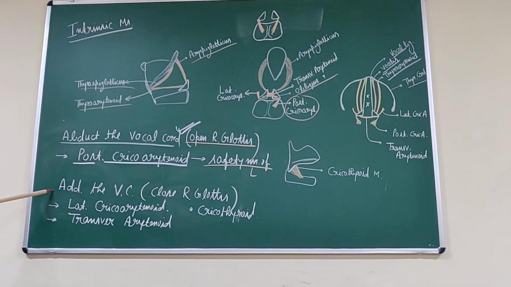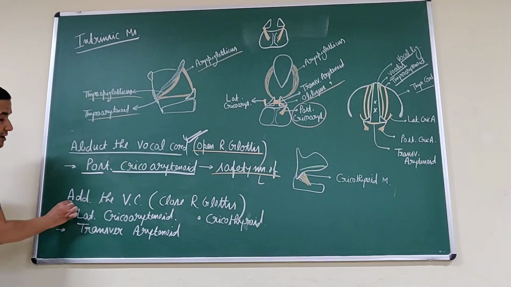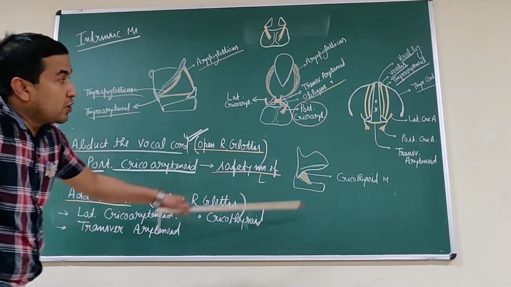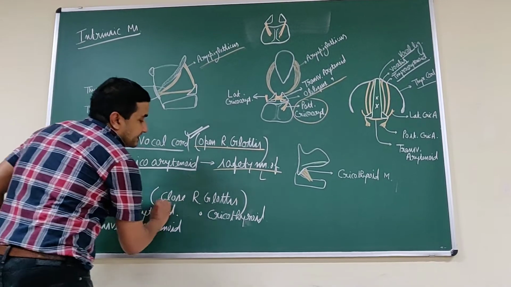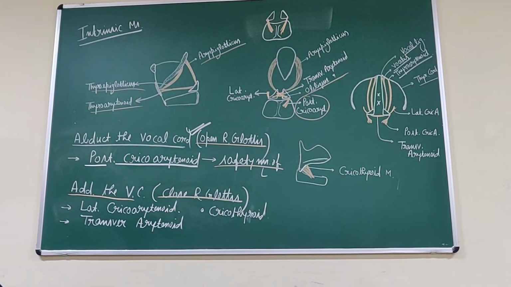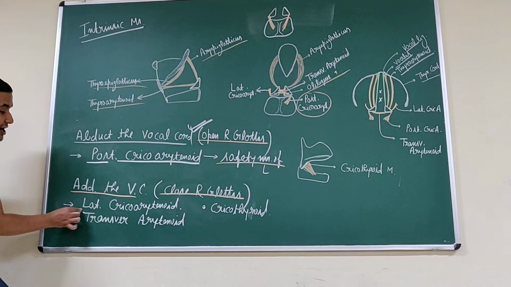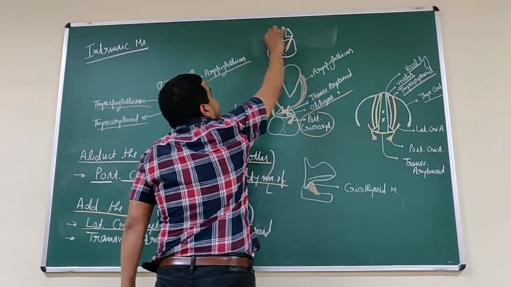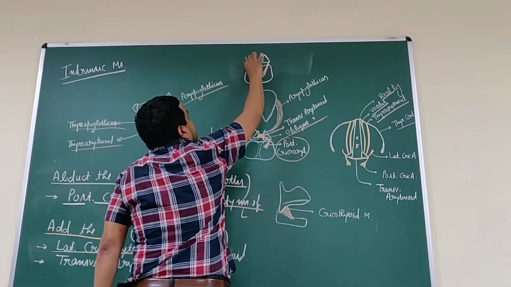While the adductors of the vocal cord close the rima glottis space, the first is the lateral cricoarytenoid, in front of the muscular process.